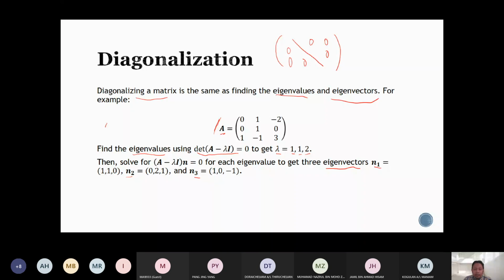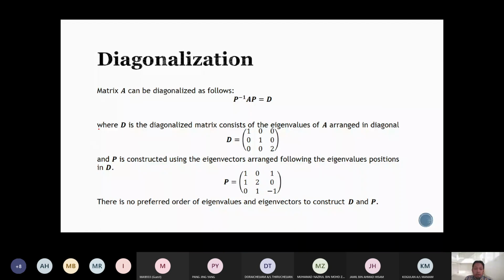Okay, so when you find the eigenvalues and eigenvectors, then you can express matrix A as follows. To diagonalize a matrix A, you can write P inverse times A times P equals D, where D is the diagonalized matrix. So how to find D?